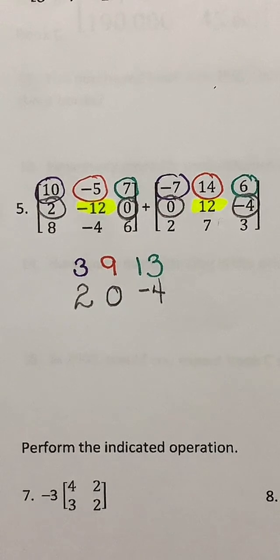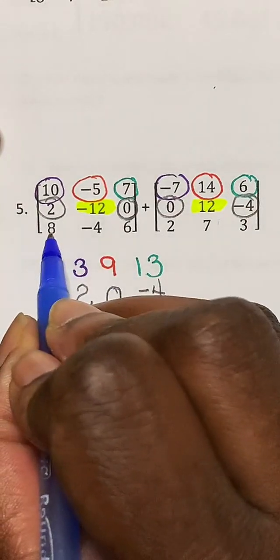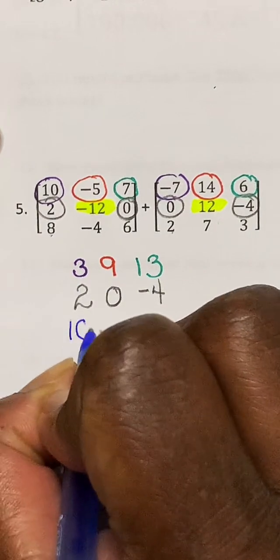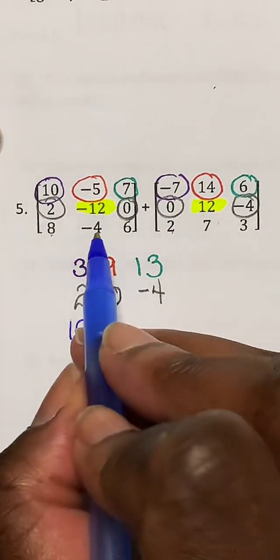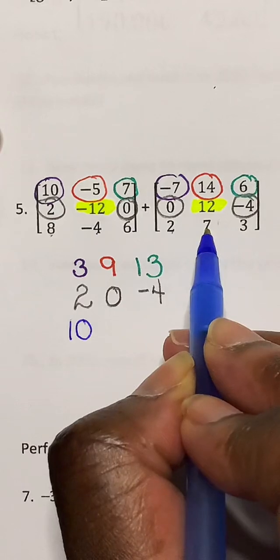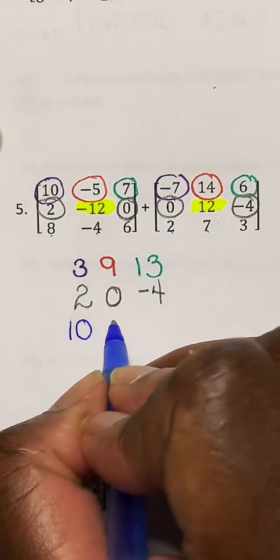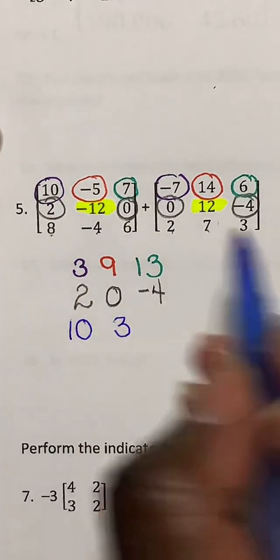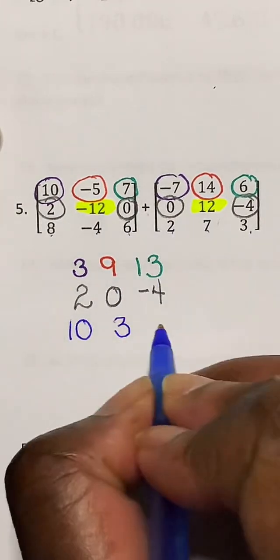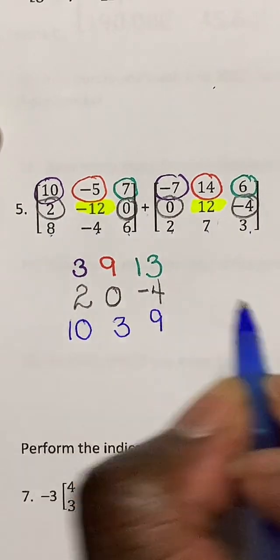All right. And then some people were telling me the last row. So 8 plus 2 gives us 10. Negative 4 plus 7, that gives me 3. And 6 plus 3 gives me 9.